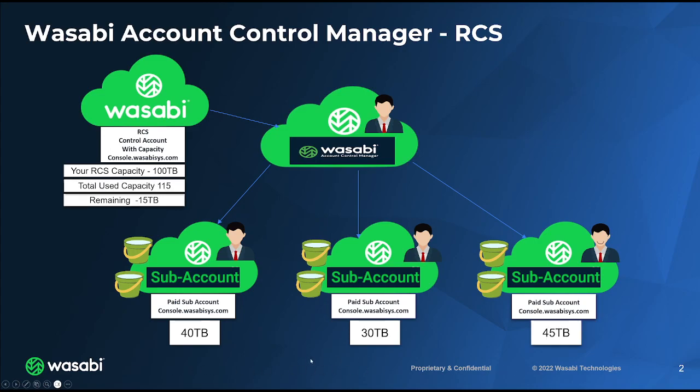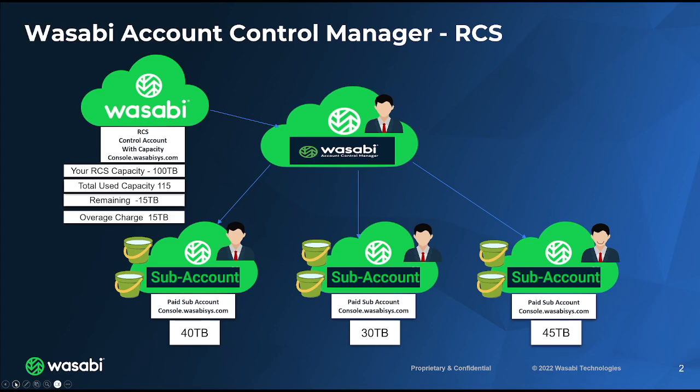So now you can see in this instance we've got 3 sub-accounts, all with different capacities of data, which adds up to 115 terabytes of used capacity. Now that's gone over the RCS capacity assigned to this control account by 15 terabytes. So what will happen is there will be an overage charge.